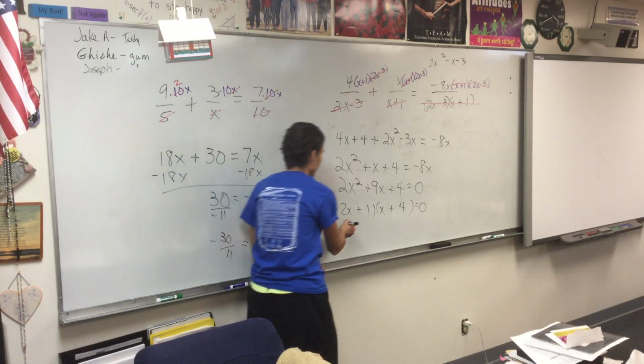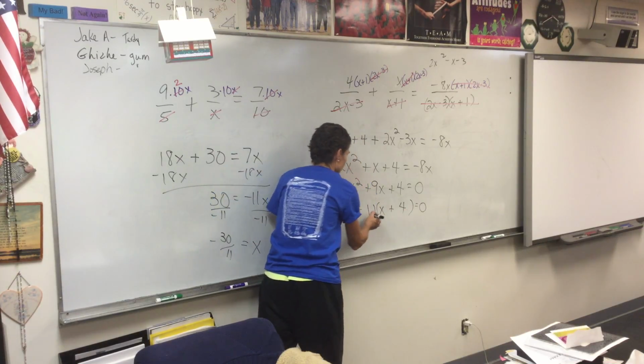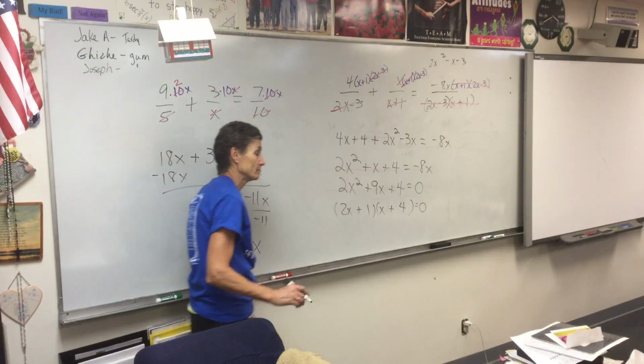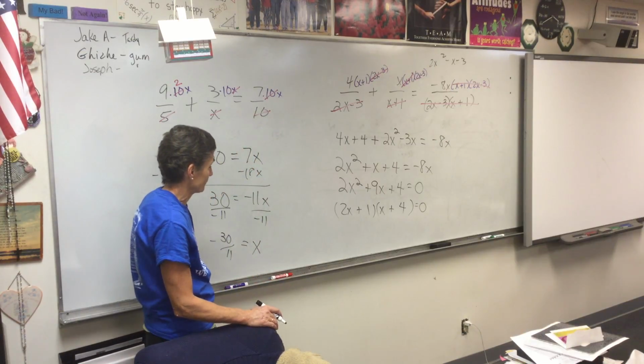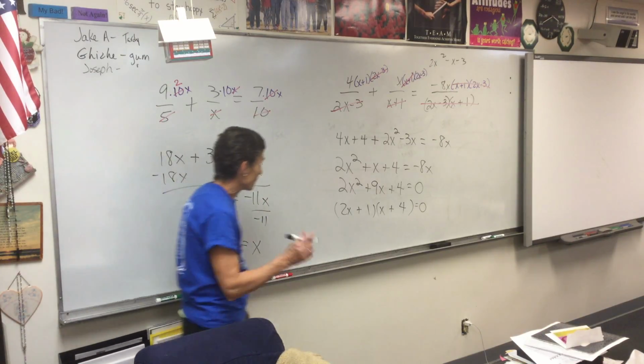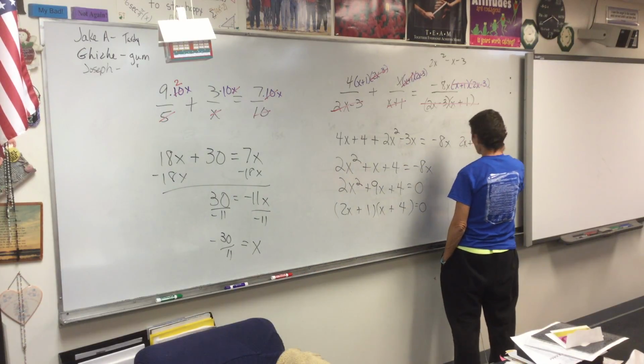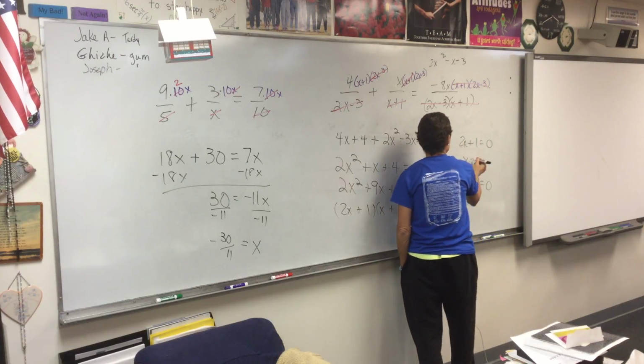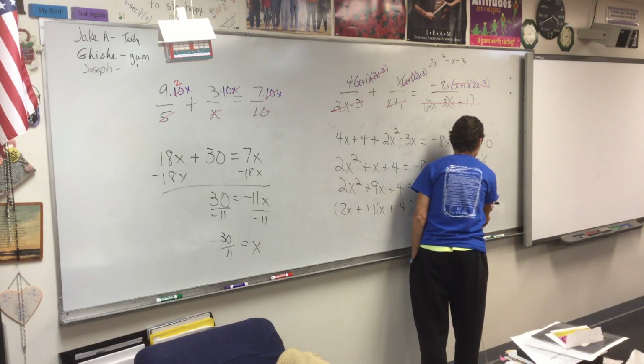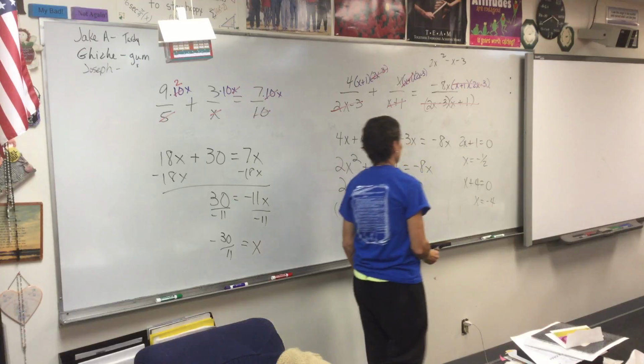See how if I FOIL that, I get 8x plus 1x. So now I'm going to set those equal to 0. So 2x plus 1 equals 0, and x plus 4 equals 0. And my answers are negative 1/2 and negative 4.